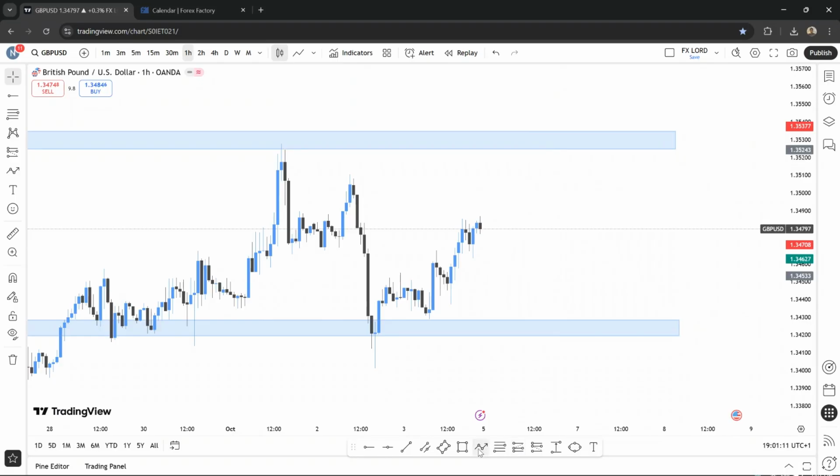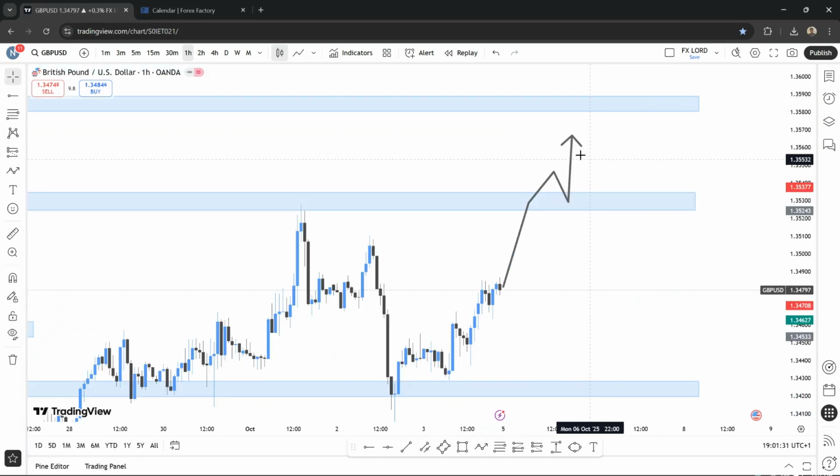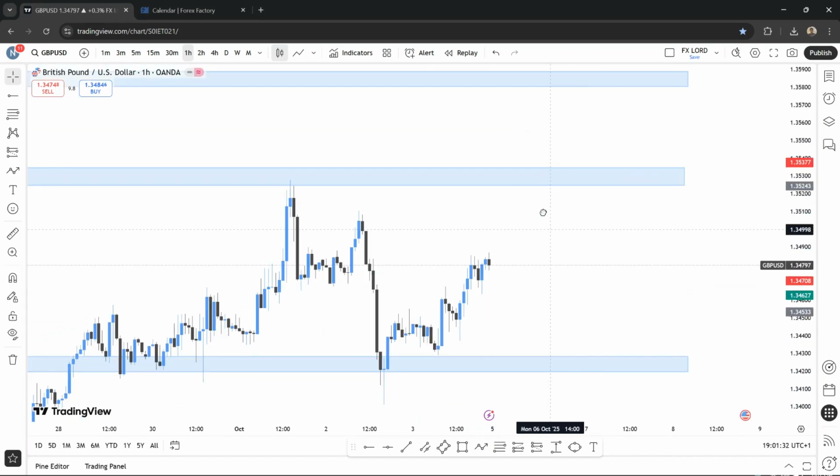Since the market has already moved away from this level, I'm just going to wait for the market to get into this level and observe where the market would go. Would it fall back, or would it break, retest, and continue to the upside? This is what I'm going to wait for on GBPUSD.